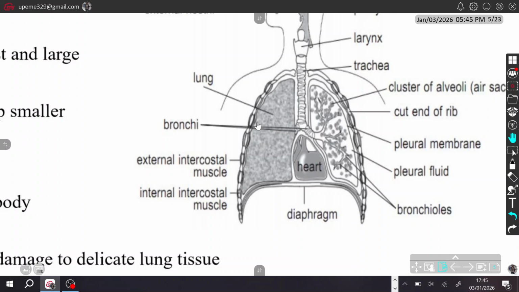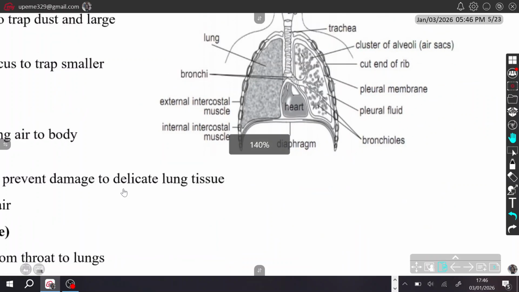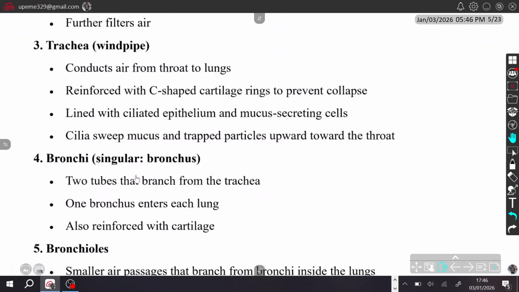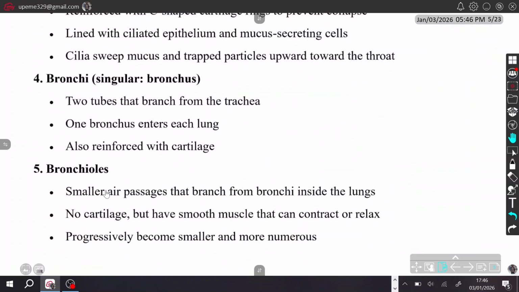So this bronchi can branch into smaller ones. Those smaller ones are now called bronchioles. So bronchioles, yes, smaller air passages that branch from bronchi inside the lungs.